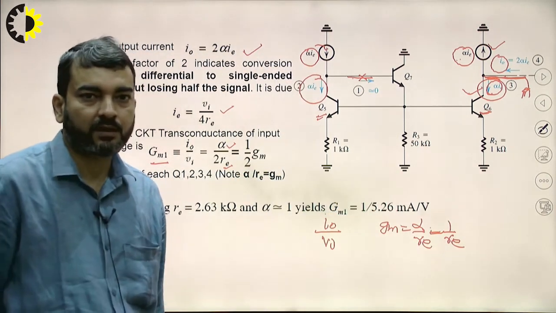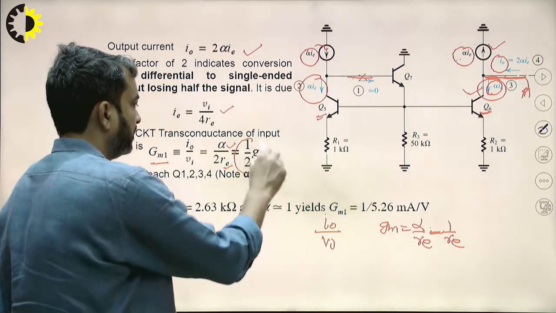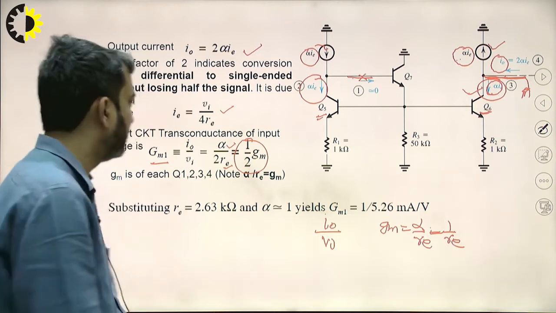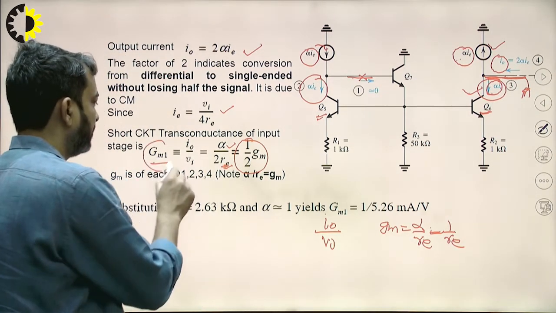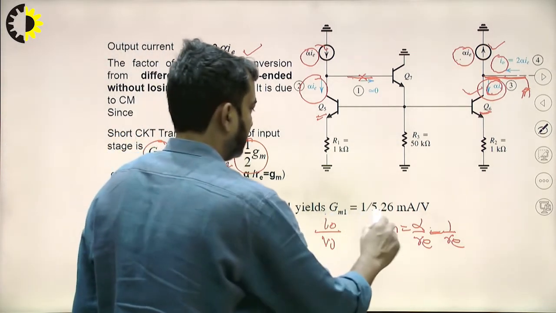So the short circuit transconductance is Gm by 2. Putting the value of Re, which we have already calculated, we can calculate the short circuit transconductance as this much.